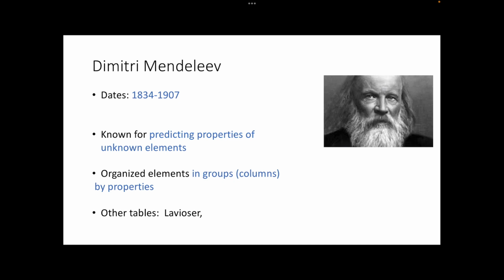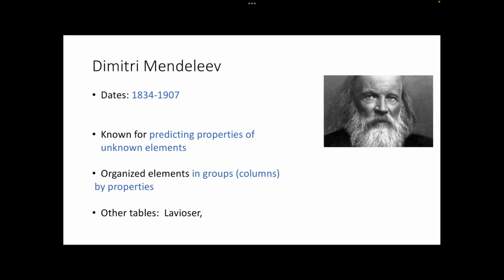But Dmitri Mendeleev came along. He was born in 1834 and died in 1907, so in the late 1800s he was doing his work. He was known for predicting the properties of unknown elements. That was his important contribution to the periodic table. He organized the elements in such a way that he knew there were more elements that were going to be found, because they hadn't all been found at that point.